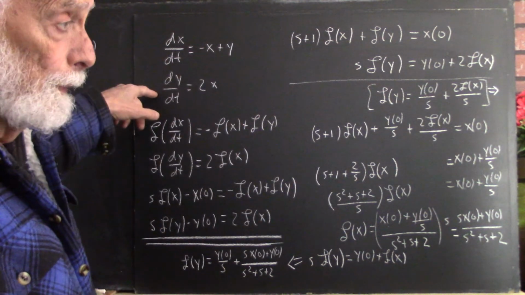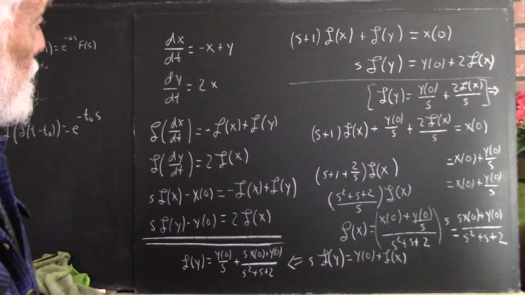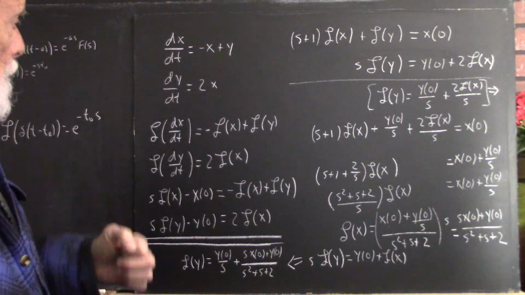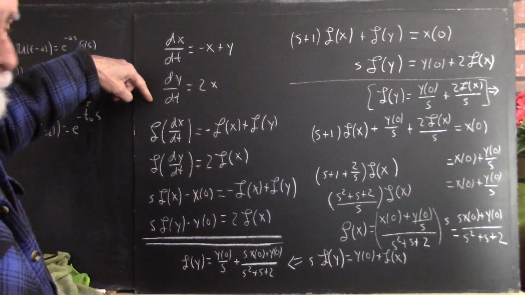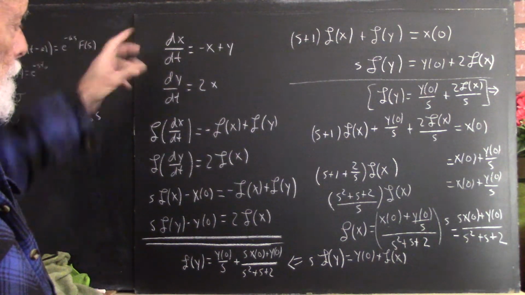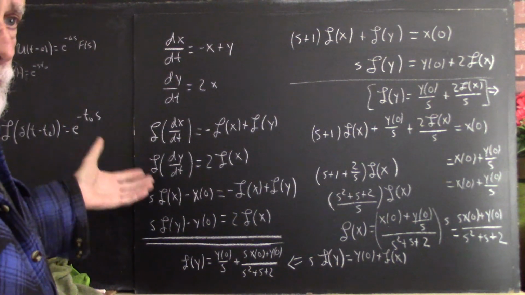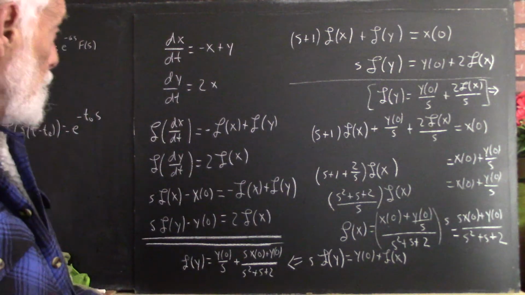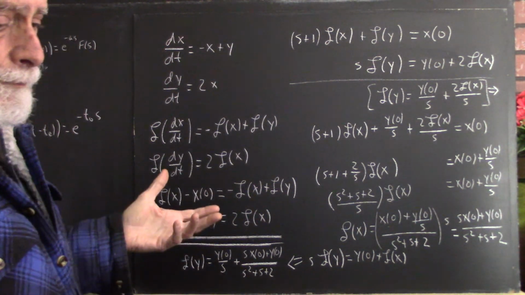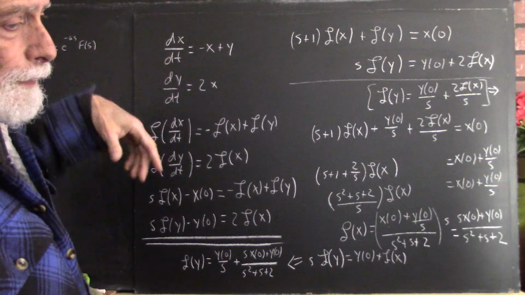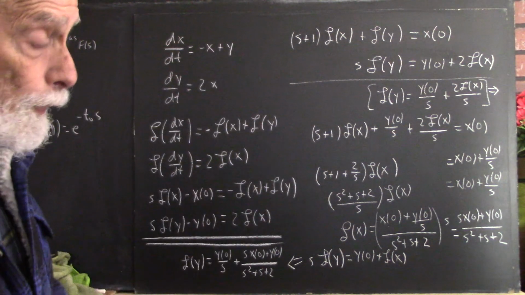linear differential equations. Now, one big thing here, and I'll do an example in a minute, that involves second derivatives. Okay, and you see if you've got second derivatives, you're just going to get some s squareds over here when you do the Laplace transforms, and that's not going to be any big deal. And if you get second derivatives here and second derivatives here, maybe you're going to get an s to the fourth.